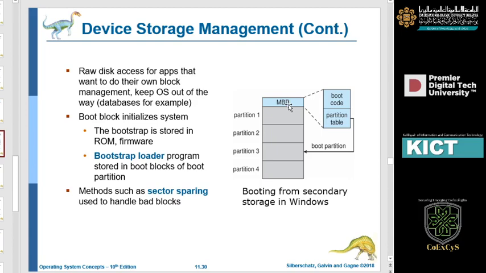The BIOS would look for the MBR, and it will find the boot code that would boot the operating system. So the boot code would find the boot partition and allow it to run either Windows or Linux, per se.